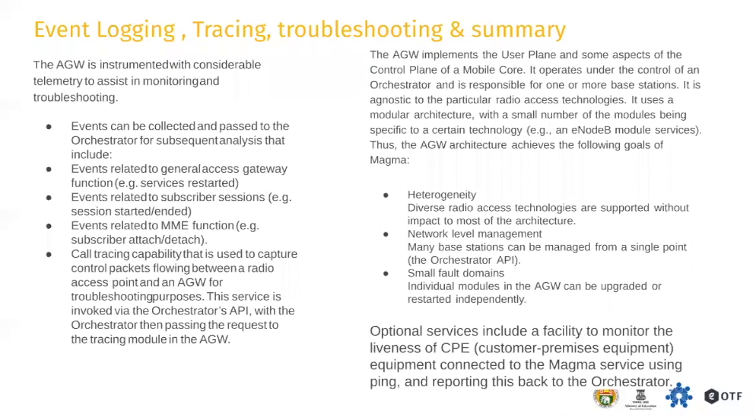You need to have AGW, access gateway, to instrument telemetry required to assist in monitoring, troubleshooting, call tracing, event tracing, alarm display. So there is an NMS, optional, which is, if not NMS, the OSS will replace it with their own NMS. Either way, that is the operator OSS, BSS will provide the NMS for it.